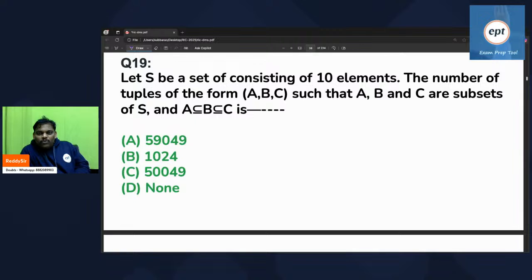Rashmika in Pushpa 2, are you thinking about her? Think about question number 19. Who is Rashmika?